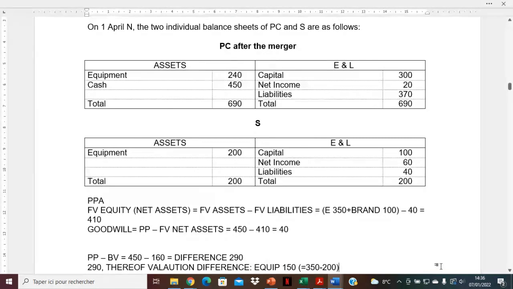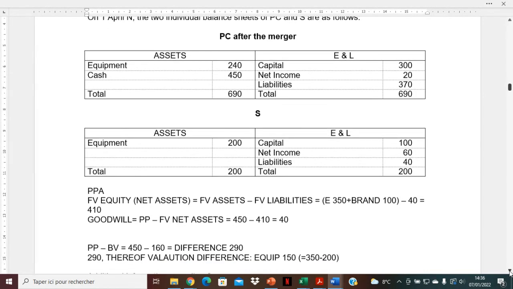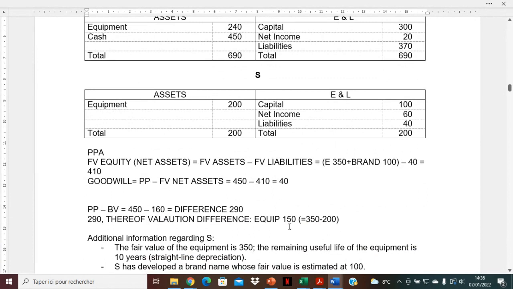So I have a total difference of 290. For 150, I can explain this because of the equipment. And I can explain another part because of the brand value, which is 100.